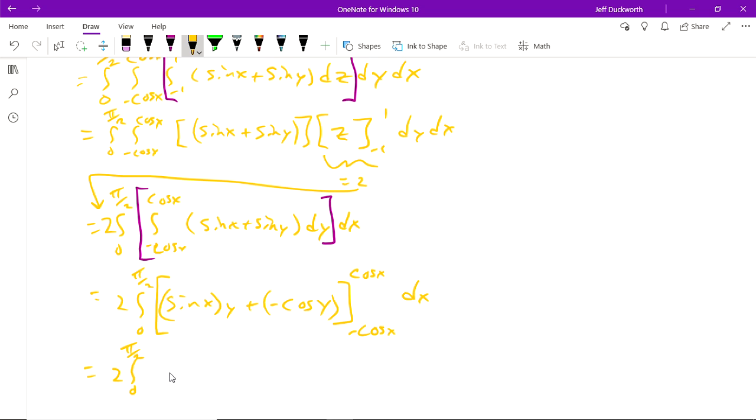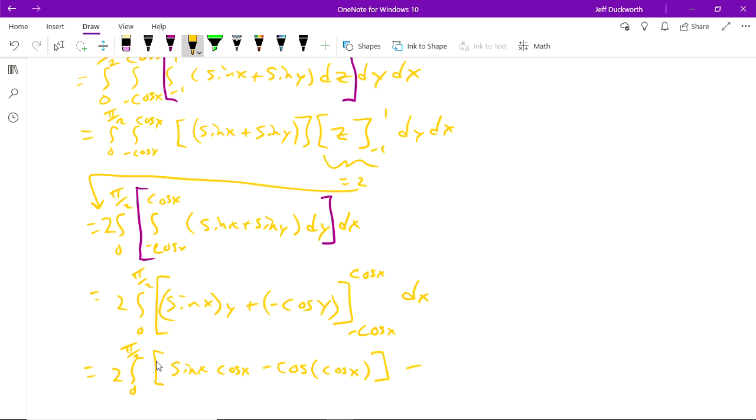All right, so here we have sine x cosine x minus cosine of x squared. Excuse me, that is incorrect. That is going to give us minus cosine of cosine x. That's what that is.